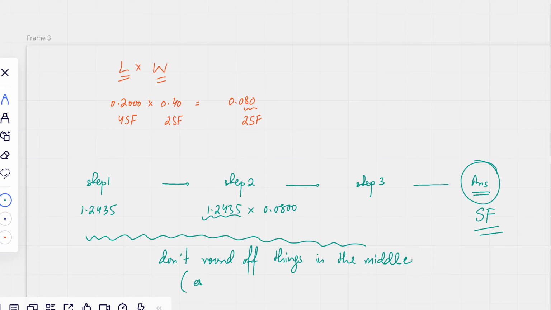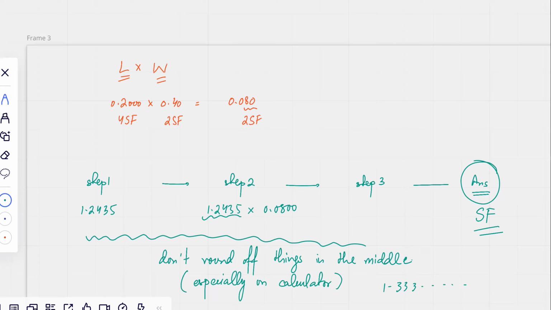Is this point clear? Yes. So if your calculator gives you a value which is 1.333 and it just keeps on continuing, keep that value on your calculator. Don't round it off. In the next step, use the same value. But if you were to write this on the paper, you're going to write it to the appropriate significant figures.